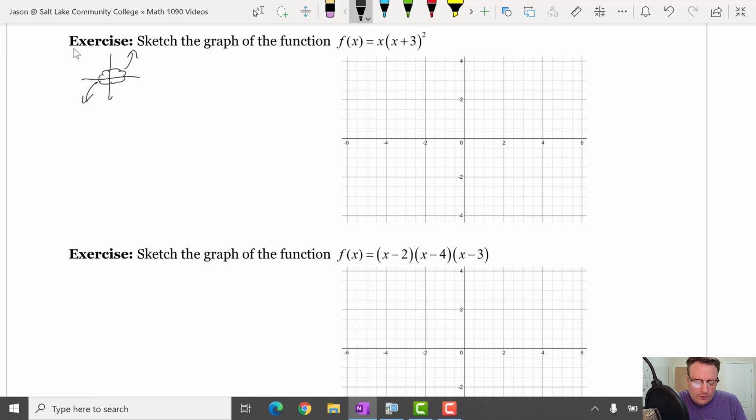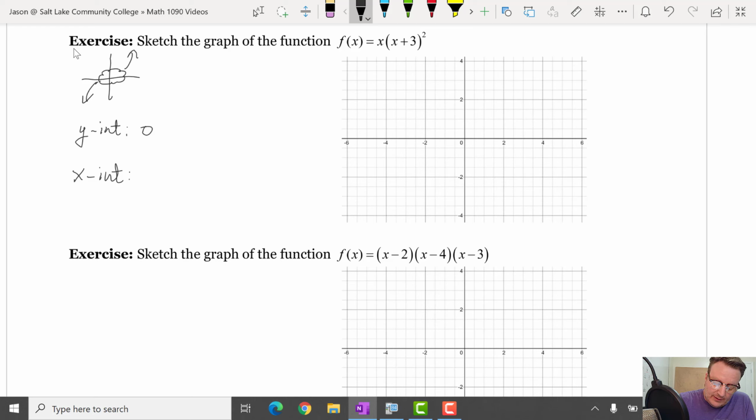Now, what about my short-run behavior, my intercepts? Well, what is my y-intercept? I just evaluate the polynomial at x equals 0. At x equals 0, I get 0 out. I'm just going to write this as a number, not as a pair. What about x-intercepts? It's already in factored form, so we can just read those right off.